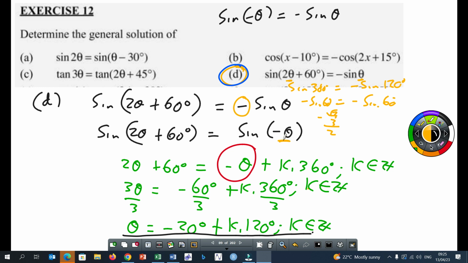Depending on the quadrants. So for this question here, because we have minus sine theta, it's a hint that we are dealing with a negative ratio. And the negative ratio will correspond to either the third or fourth quadrant. Furthermore, the angle can be positive or negative. So if you have got theta, then it has to be minus theta.